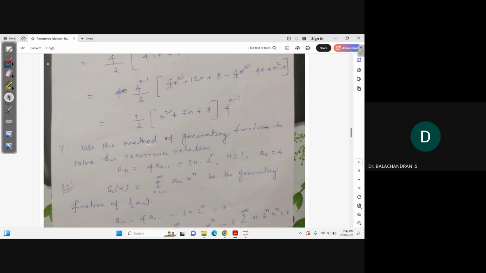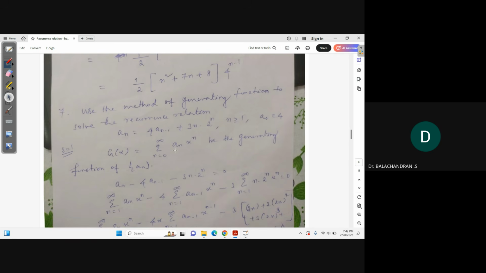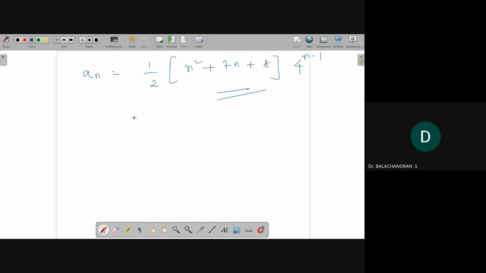Next problem is: use the method of generating function to solve the recurrence relation a_n equal to 4 into a_n minus 1 plus 3n into 2 power n, where n is greater than or equal to 1 and a_0 equal to 4. We'll write quickly. Third problem.